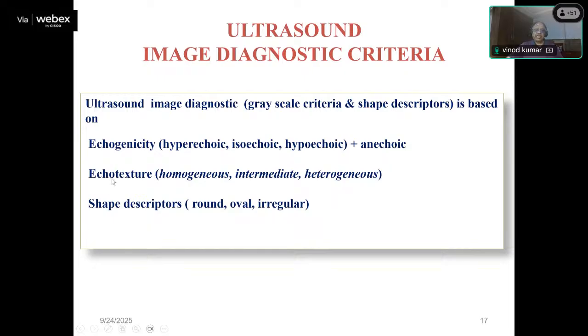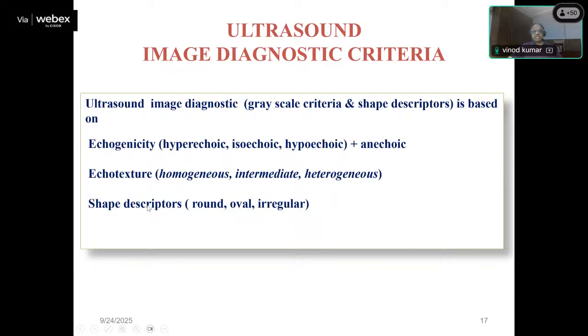The second one is echo texture: whether it is homogeneous, intermediate, or very random, that is heterogeneous. Intermediate means between homogeneous and heterogeneous. So generally three categories are given to the texture: homogeneous, intermediate, and heterogeneous.